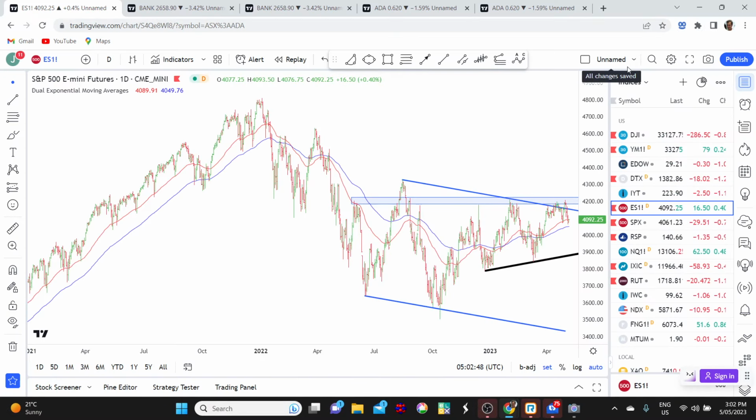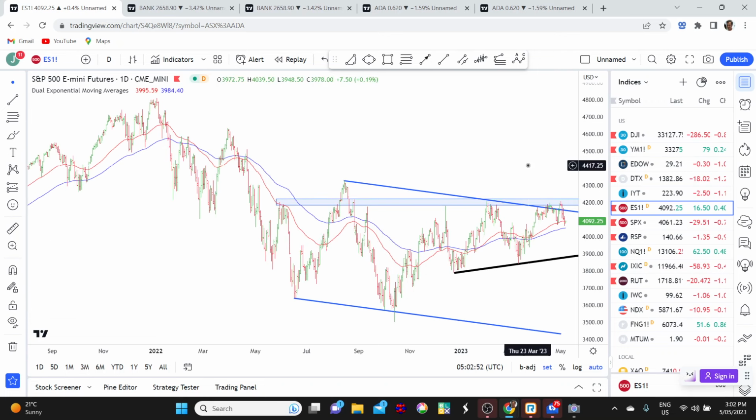So S&P 500 up on the screen, and the price action this week has actually been quite constructive. Last week I was talking about the possibility of more consolidation, and that was based on the market being just below this key resistance around 4,200, and that's pretty much what we've seen.